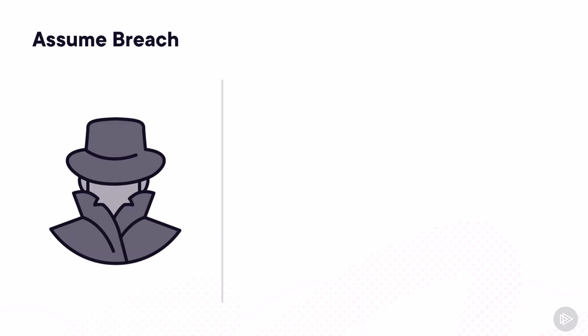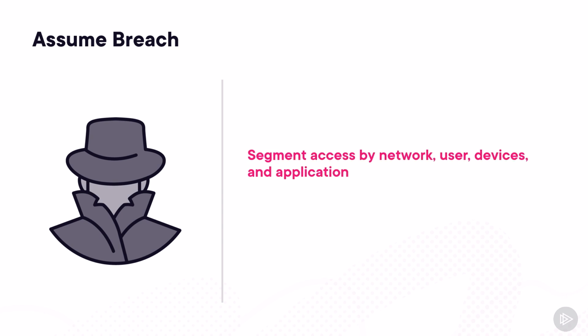The last guiding principle, but not the least, is assume breach. This one is important as it frames the whole mindset with which you should approach your security. You should reduce your attack surface and prevent lateral movement by segmenting your networks, users, and devices.